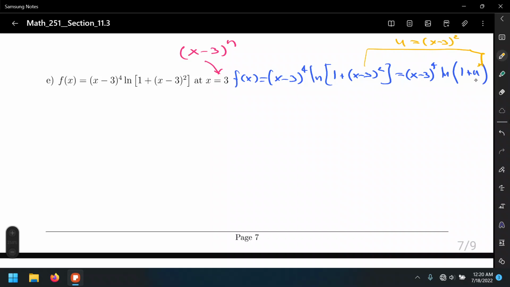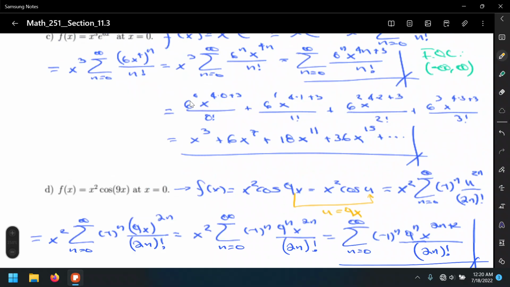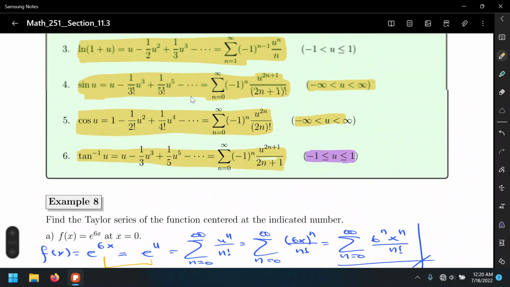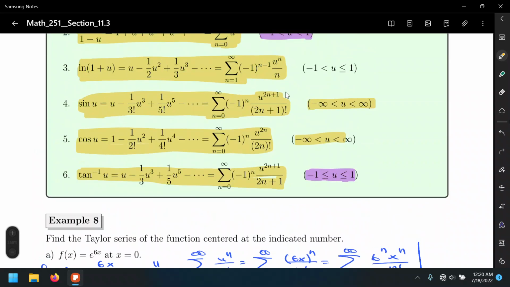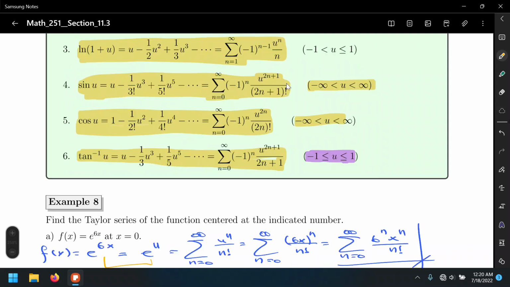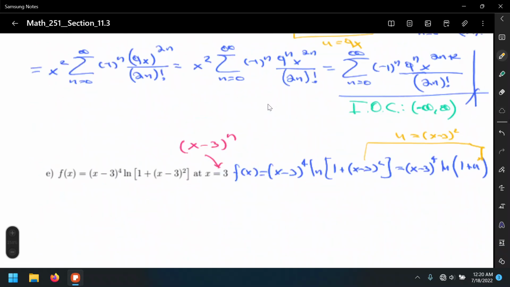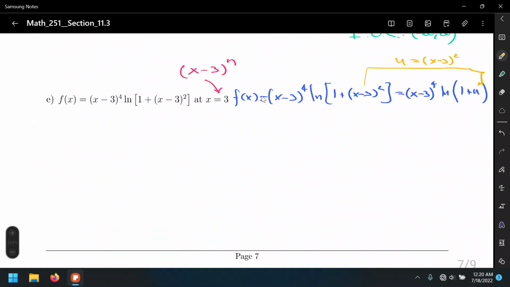Okay, and we know a power series for ln of 1 plus u, and we're going to refer from the previous page. It's right here, sigma n equals 1 to infinity of negative 1 to the n minus 1 u to the n over n. Okay, so let's just go ahead and do that.